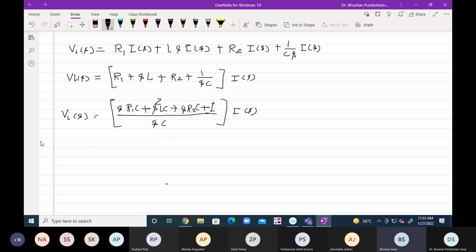So this becomes S into R1C plus S square LC plus S into R2 into C plus 1 divided by this one.